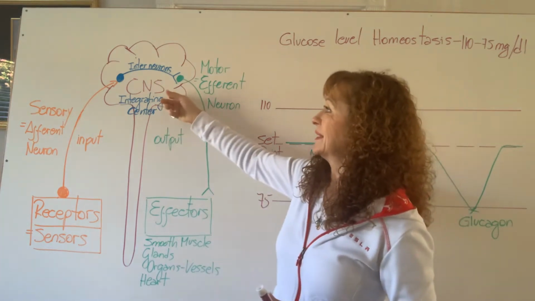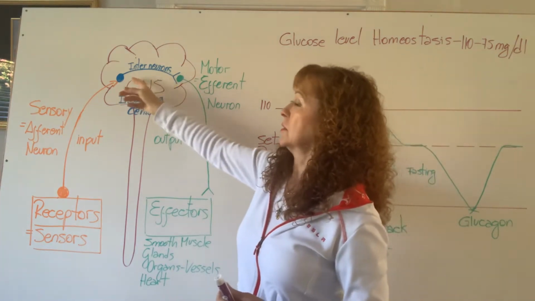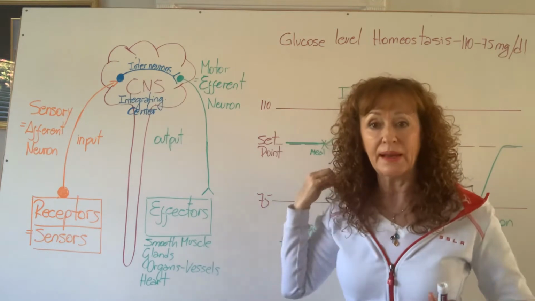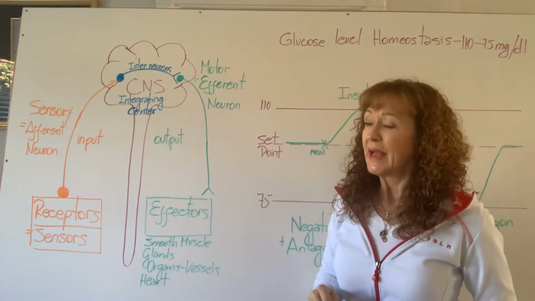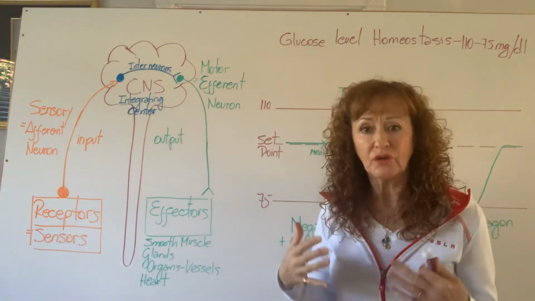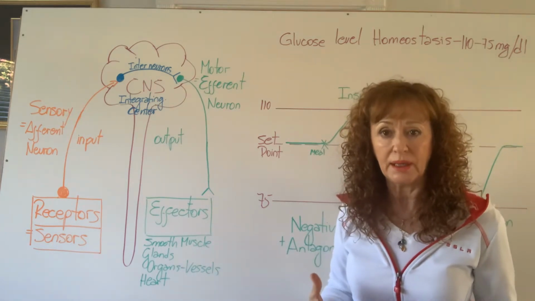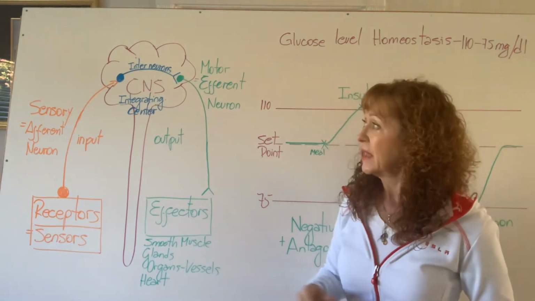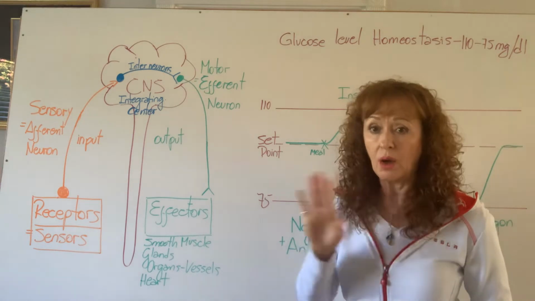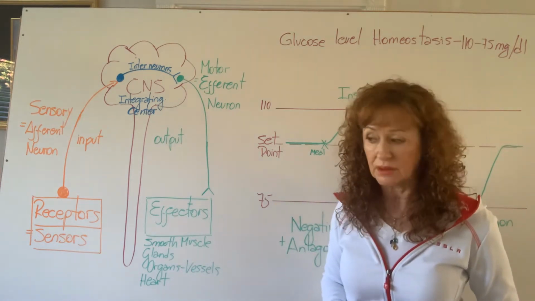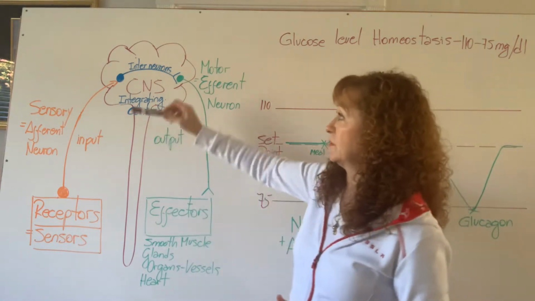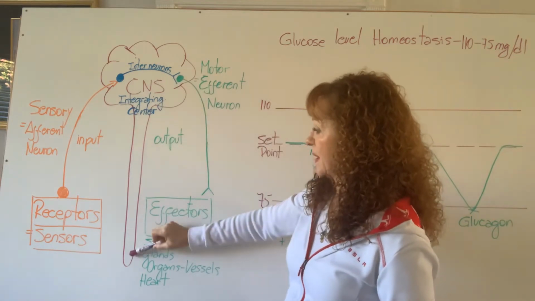It's the one that is using interneurons, and interneurons, from anatomy if you remember, are the largest number of neurons we have in our neural system. These interneurons are always located in the central nervous system, which could be the brain or the spinal cord.